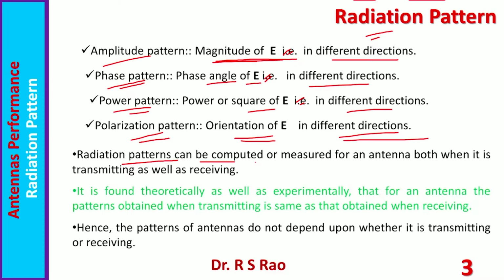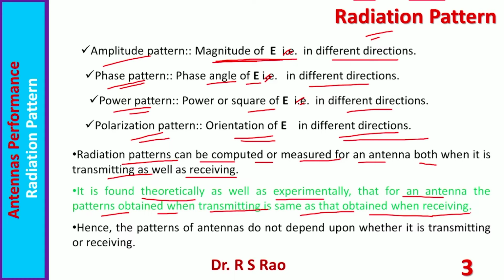Radiation patterns can be computed or measured for an antenna both when it is transmitting as well as receiving. So patterns can be computed, patterns can be measured for an antenna when it is in transmitting mode as well as when it is in receiving mode. But it is found theoretically as well as experimentally that for an antenna, the pattern obtained when transmitting is the same as that obtained when receiving.